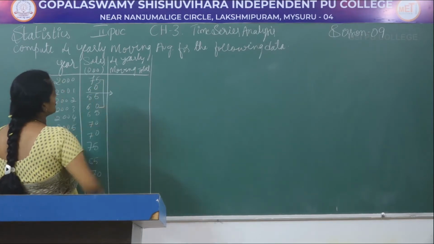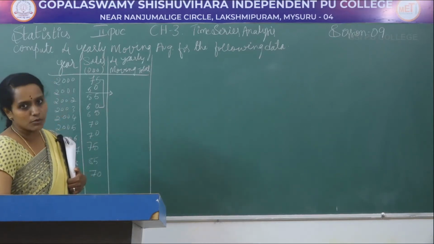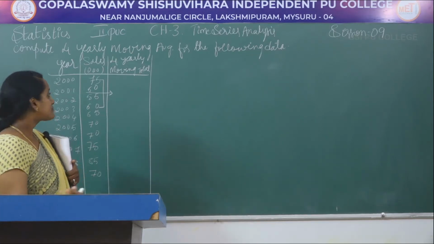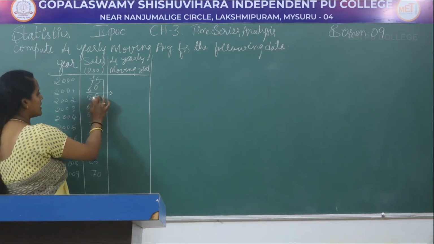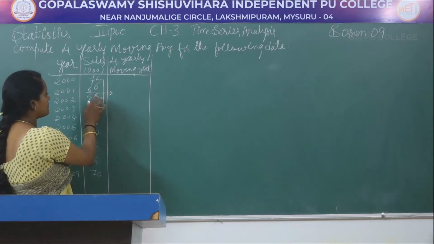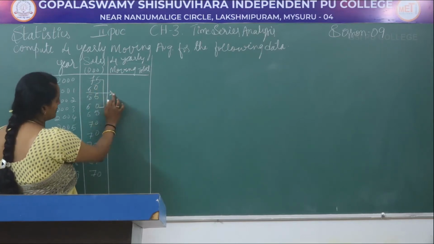This is our position. While you are calculating 4 yearly moving averages, the position is very important. Here we are adding 4 numbers, so the position comes between the second and third number, in the middle of 60 and 55.